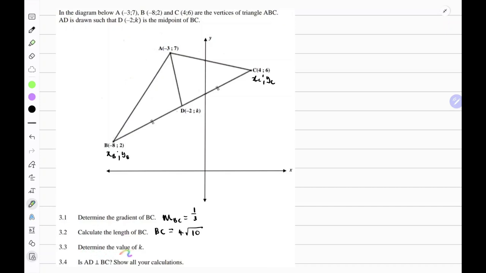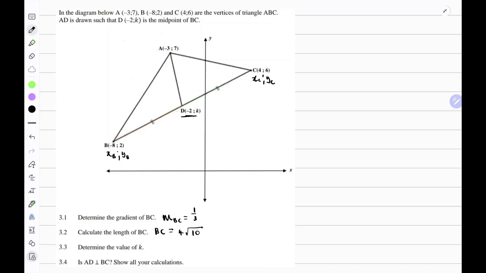The next question says determine the value of k. So they want us to find the y coordinate of D. Here we need to apply the midpoint formula because this point is the midpoint for the line BC.